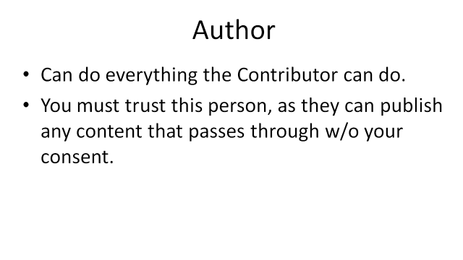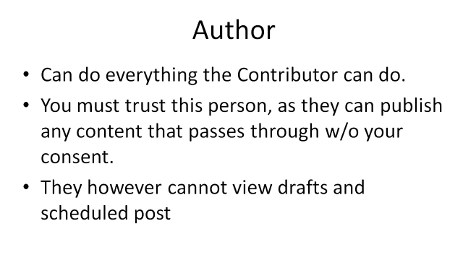So you've got to trust the author. The author has a little more power than the contributor. They, however, cannot view drafts and schedule posts. So they have a little more rights, but there are still some limitations to their ability to do certain things.